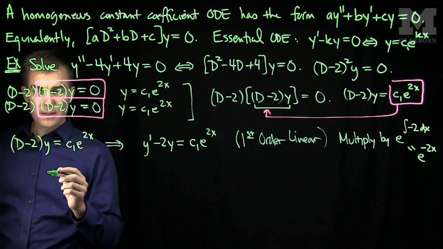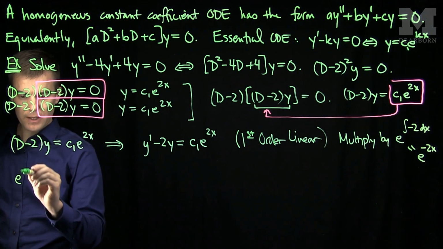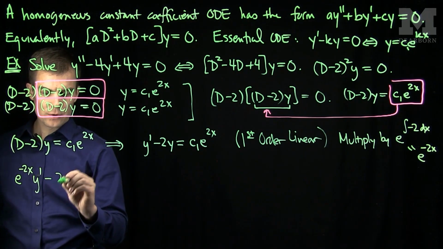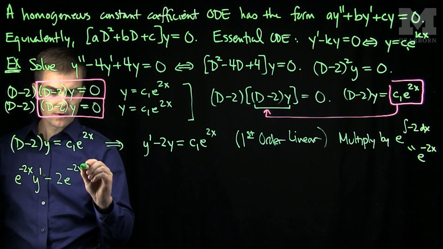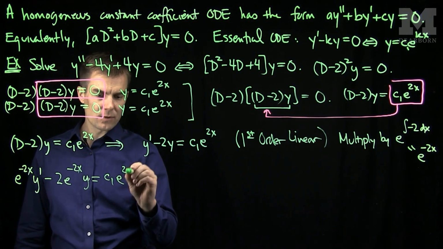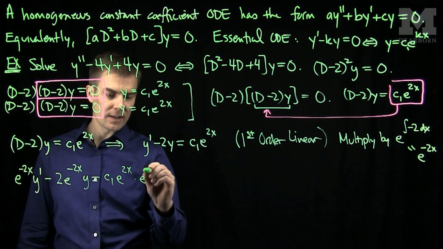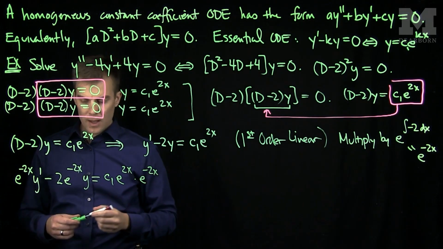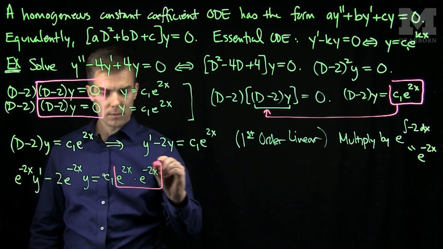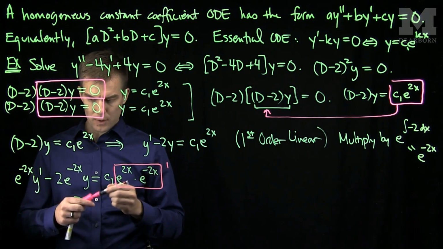Multiplying both sides by e to the negative 2x, we have e to the negative 2x y prime minus 2 e to the negative 2x y is equal to c1 e to the 2x times e to the negative 2x. The terms on the right-hand side will now turn into 1.